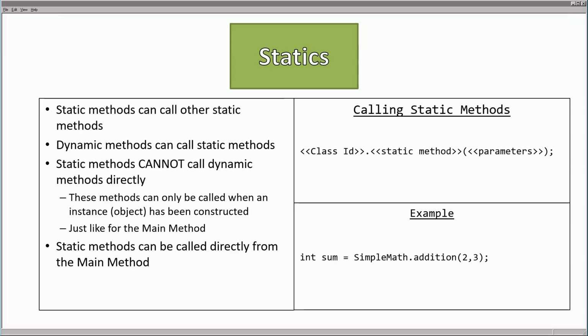The main method is static. And so, if we wanted to call a method from a class, we first had to construct an instance of that class and then call the method from there. However, even inside the main method, if there were other static methods, the main method can call those directly. But once again, static methods cannot call dynamic methods directly.